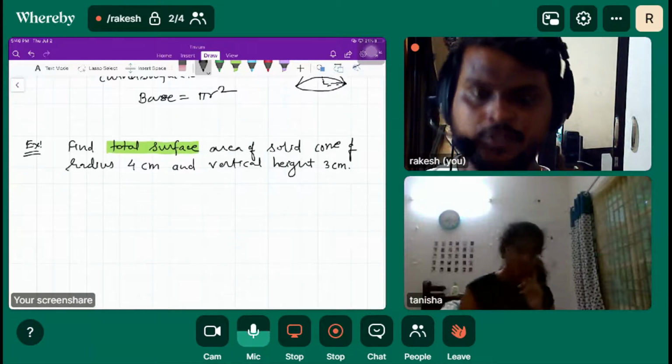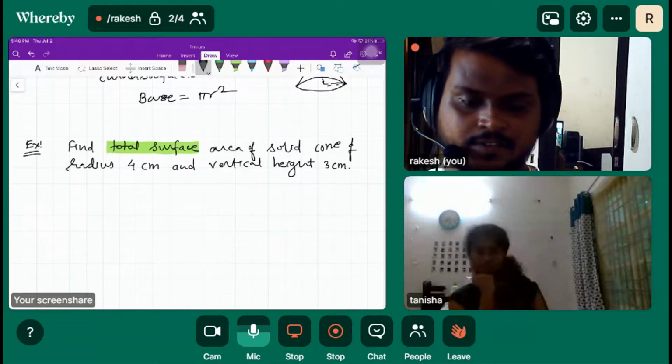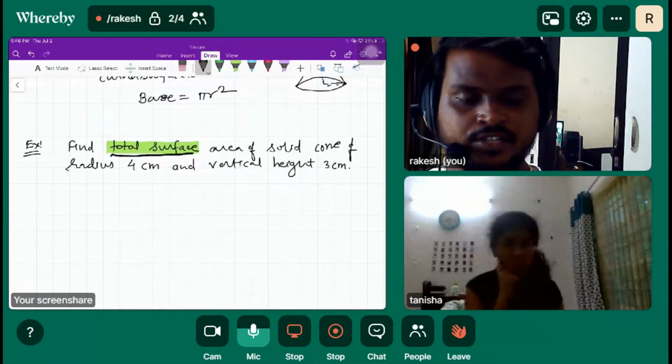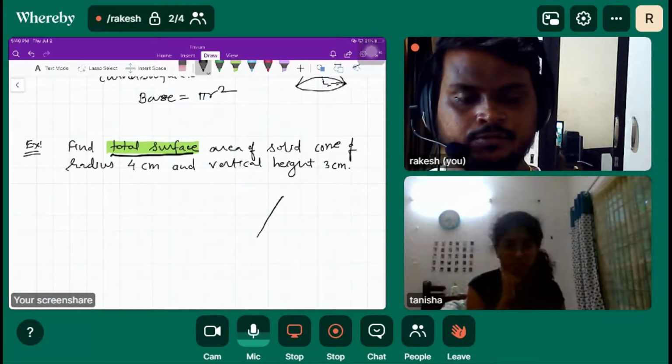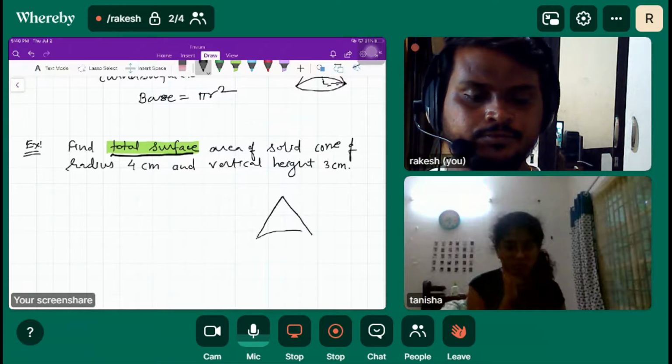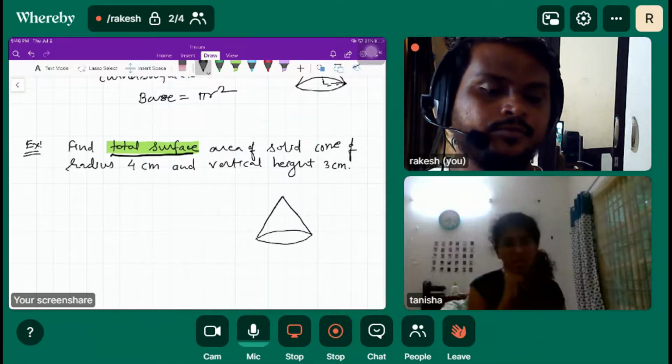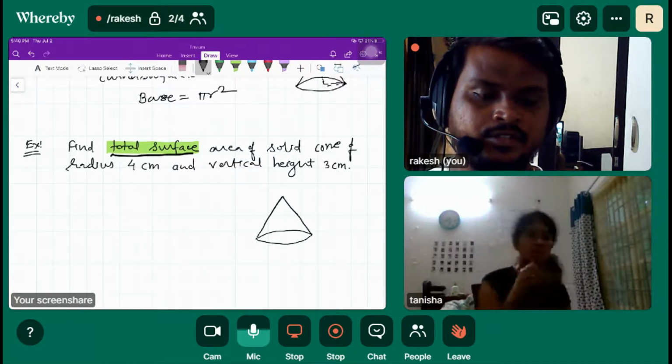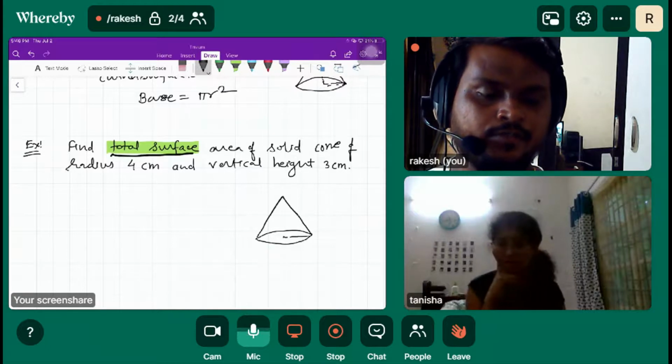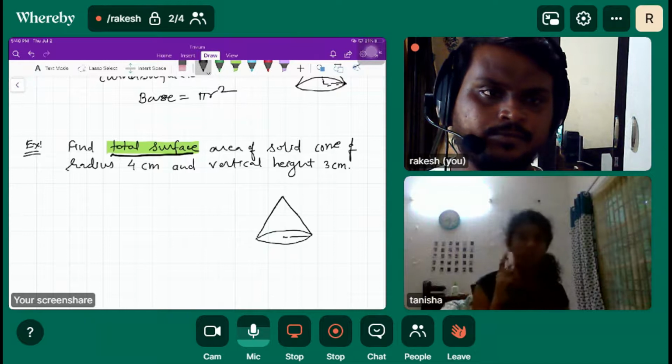Maybe you have used the wrong concept. Basically, what we have to find out is the total surface area. How many surfaces are there in a solid cone? The curved surface and the circle. So, have you found the area of both of these?